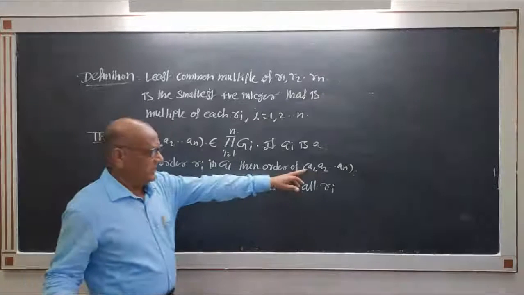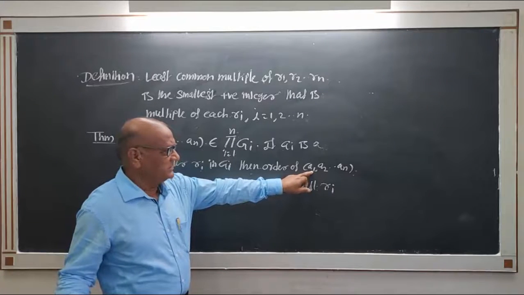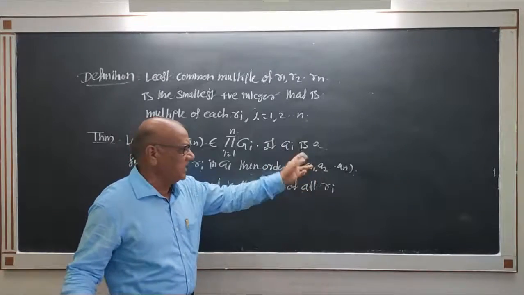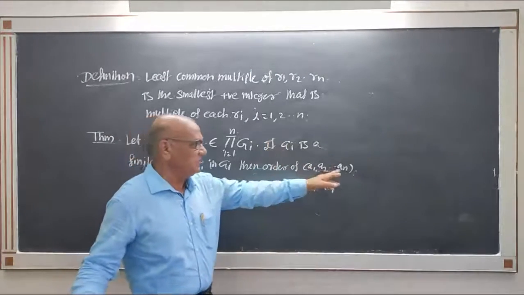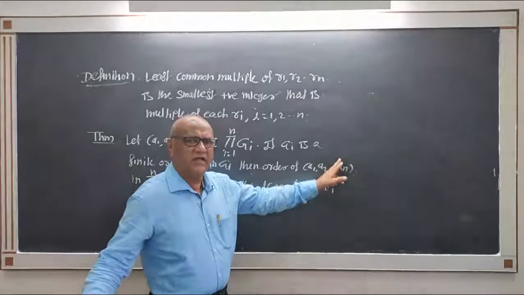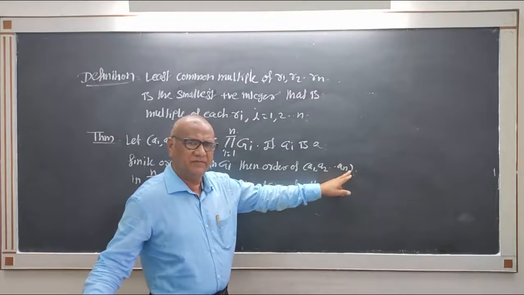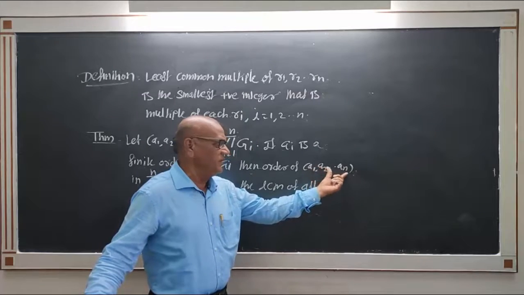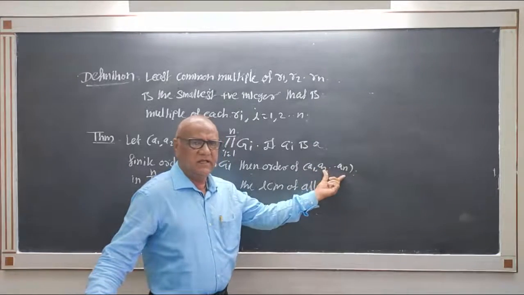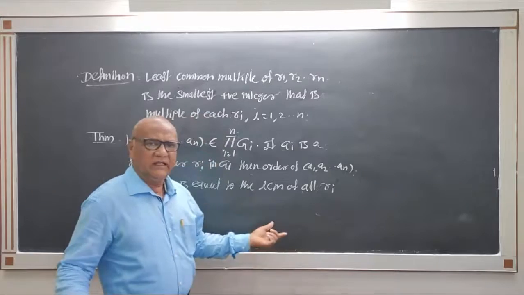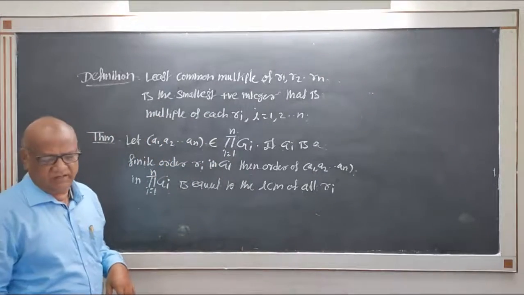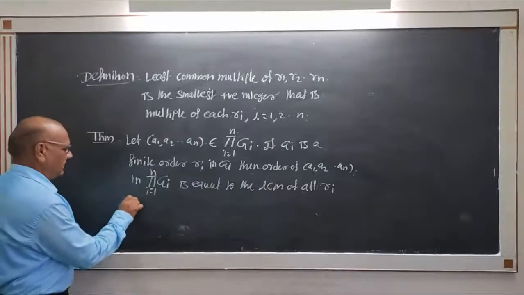Here, order of a1 is r1 in G1, order of a2 is r2 in G2, and so on. Order of an is rn in Gn. Then the order of this n-tuple (a1, a2, ..., an) is the LCM of r1, r2, ..., rn.